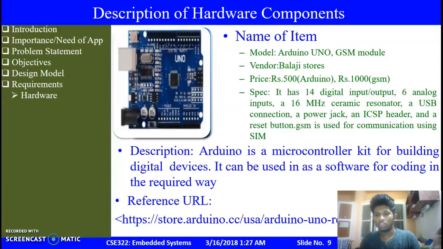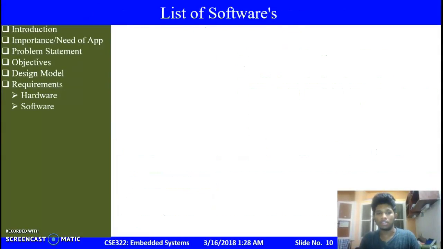So we use USB wires to connect it to the GSM module or any other thing. It's a microcontroller which, when coded, takes care of a particular zone or area. It acts basically like a microcomputer and controls every unit assigned to it.